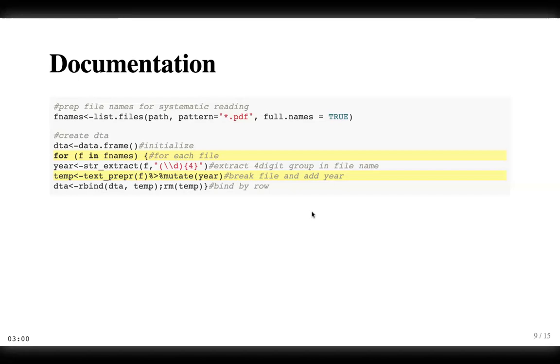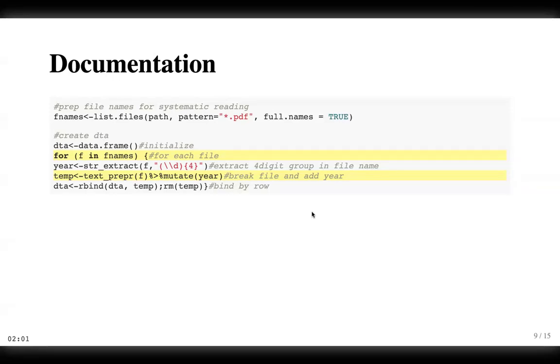This code chunk here is the code I used to create a data table for the AIR Forum Program Guide project. This first line of code just saves the program guide file names as a list, so that in the for loop here, we can read the files one by one. Let's focus on what's happening within the for loop. The first line in the for loop extracts any 4-digit group in the file name and saves it as the year.